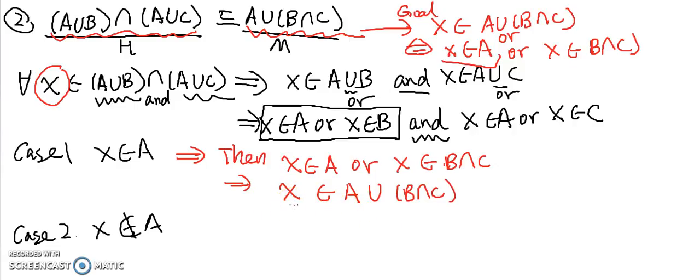If you have a member that's in one of these two, either in A or in B intersecting C, then it will be in the union. In case 1, we know X is in A, so that should be in the union of A with any other set.